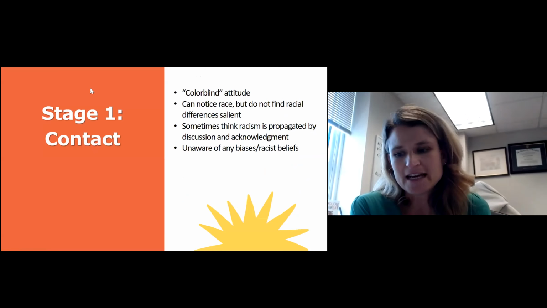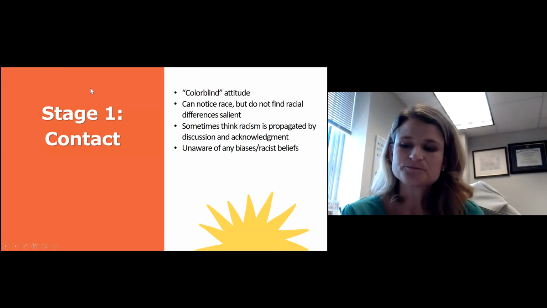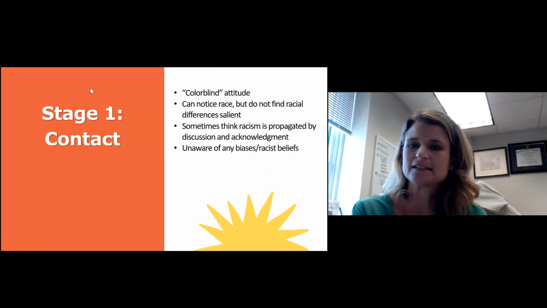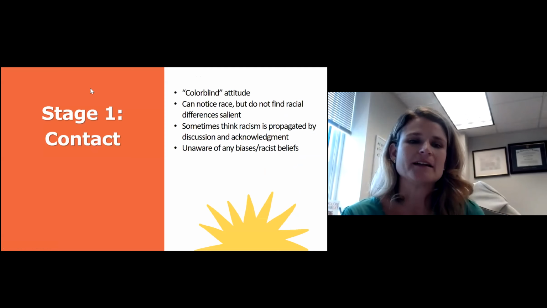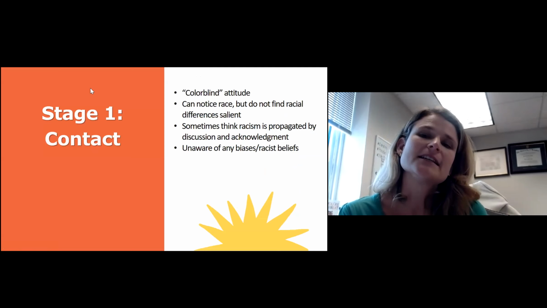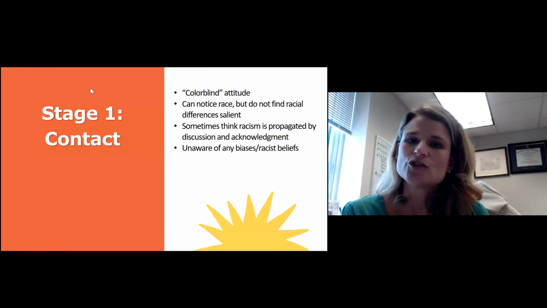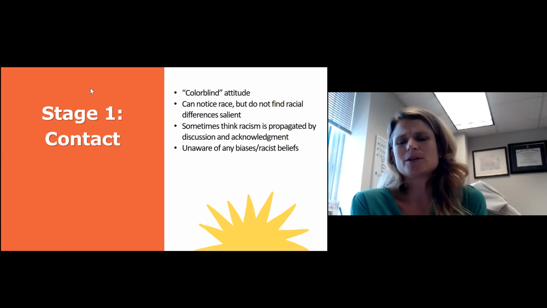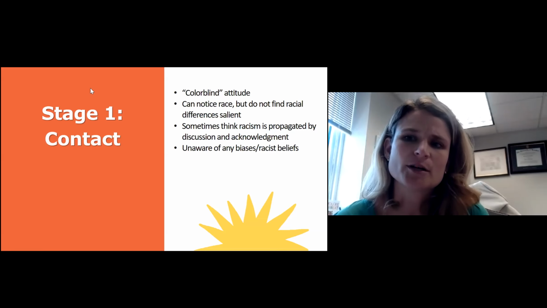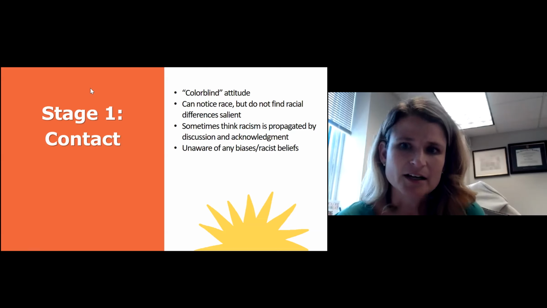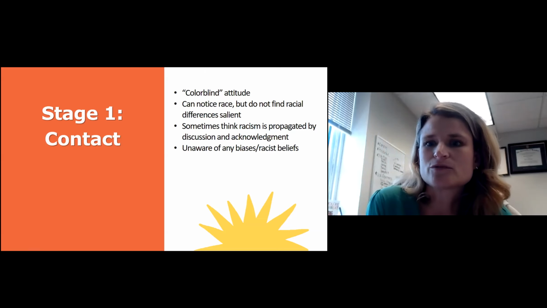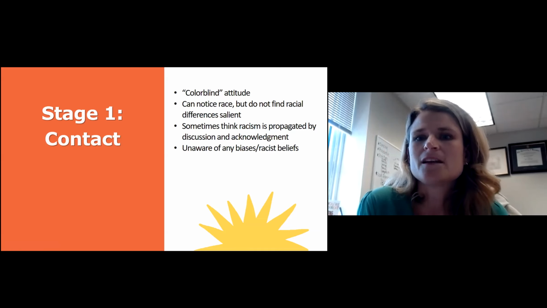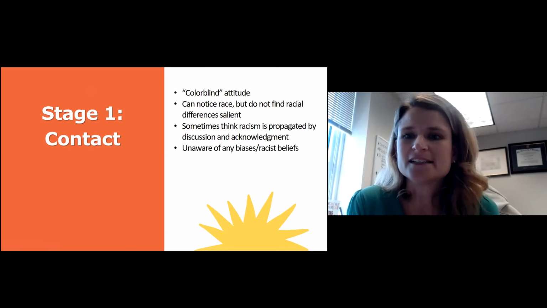So the first stage is called contact. The main way to think about this stage is the idea of a colorblind attitude. You can notice race. No one says, oh, I don't know what you're talking about, specifically talking about phenotypic features and skin color. They can notice race, but they don't really find the difference salient.